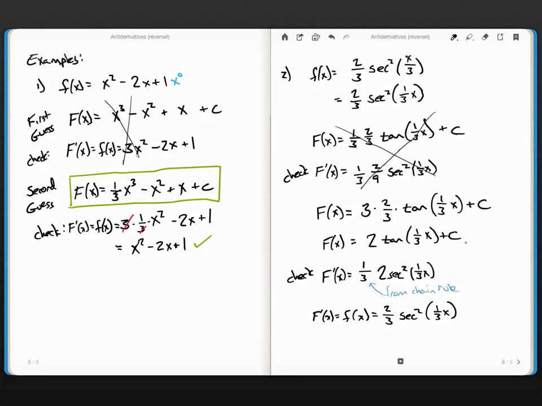Sweet, it checks out. So I put a big old check mark by there, and that means this must have been my correct guess for what the antiderivative is.